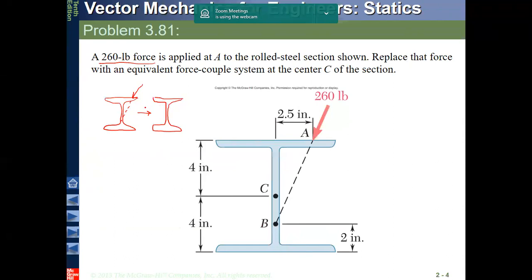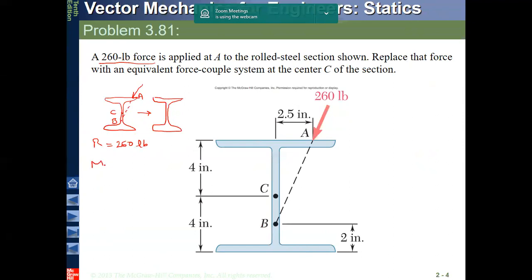So this is point C and this is point B and A, and what we do is calculate the resultant of the forces, which is 260 here. This should of course be in vector form, but I'm writing everything briefly here so we can see the details in the next slide.